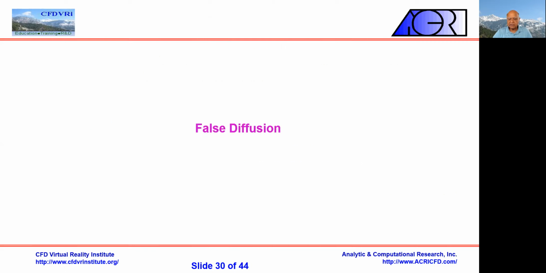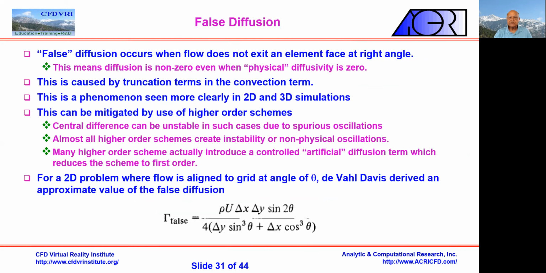Now, I'm going to come to the issue of false diffusion. False diffusion is the case when there is an extra diffusion added into the equation because of discretization. And it typically occurs when the flow does not exit an element at right angles to this element face.